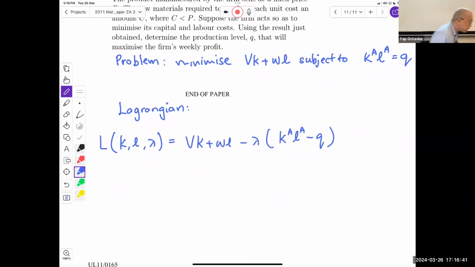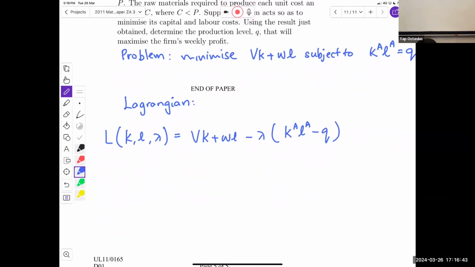Either you set it to 0 immediately, and then quickly solve, because solving for the value of K and the value of L is a little bit harder.